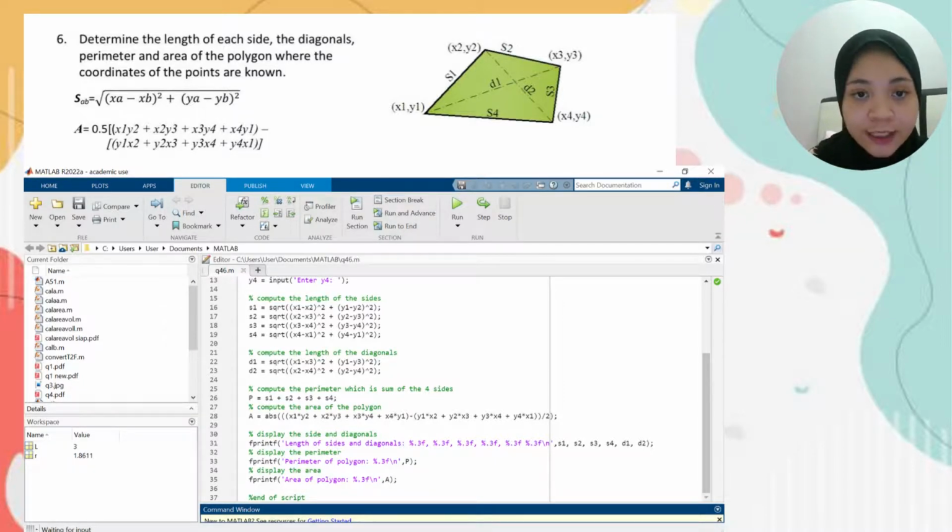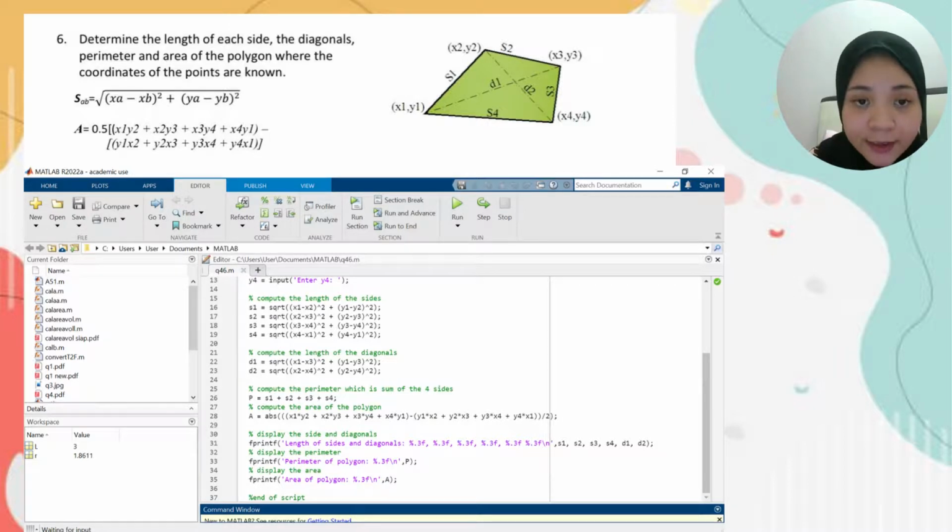After that, type the compute for the length of the diagonals. Next, we type the perimeter, which is the sum of the four sides, which is S1, S2, S3, and S4. Type T equal to S1 plus S2 plus S3 plus S4. And then next, we type the compute to find the area of the polygon.